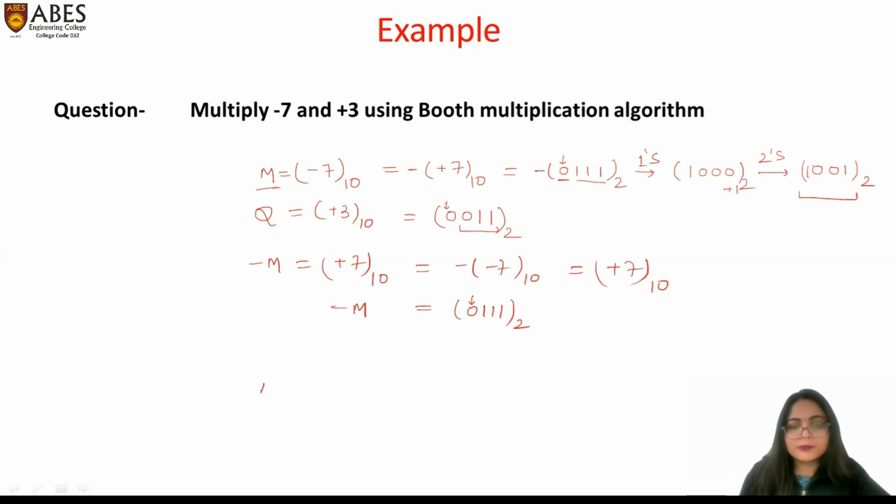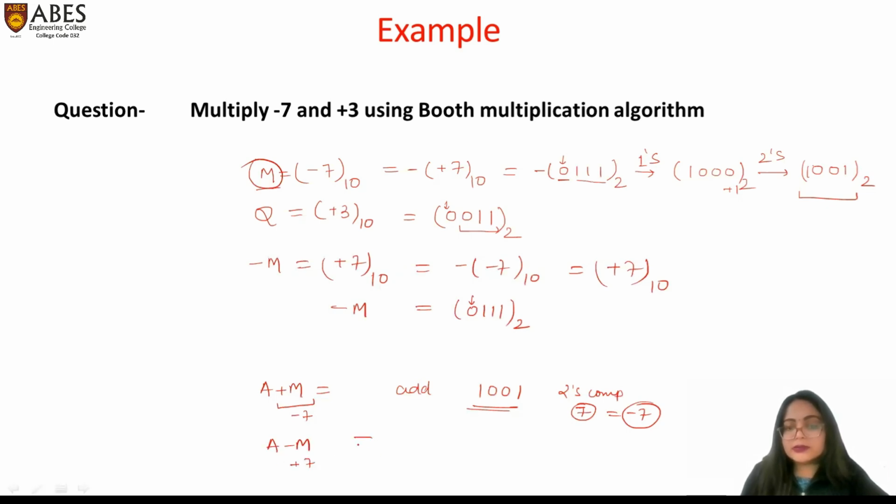So for a plus M operation, we need to add 1001, because this is the 2's complement of 7. That means this is the value of minus 7, or the value of M. So addition will take place for M, that will be minus 7. For minus M, we'll add plus 7. Clear? So for the minus M operation, we'll add 0, 1, 1, 1.